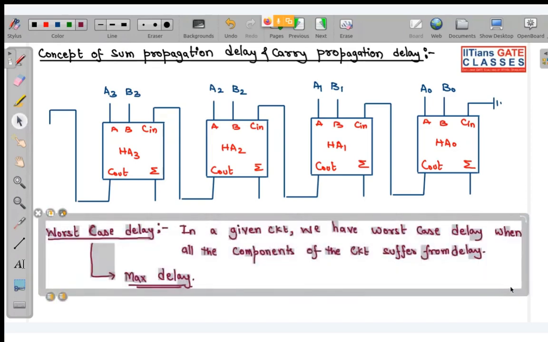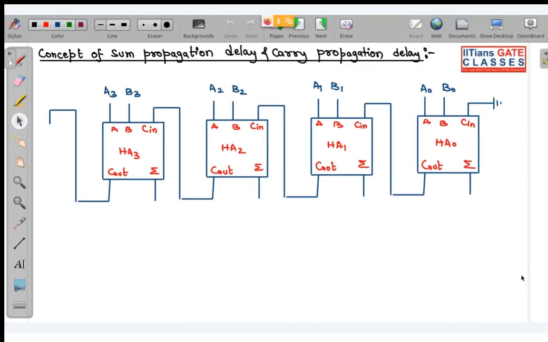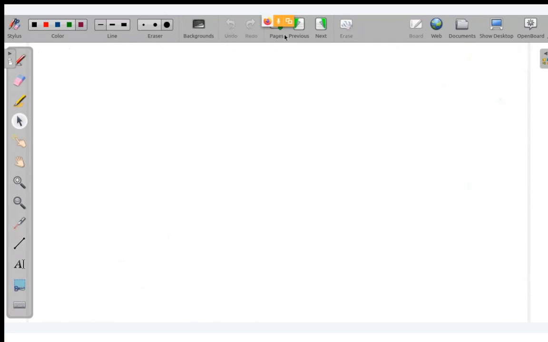So now we have the concept of carry propagation delay and sum propagation delay.